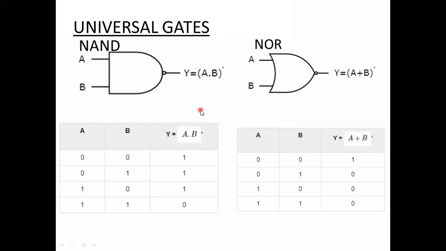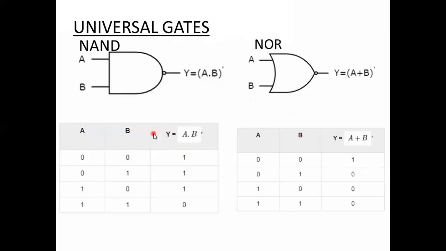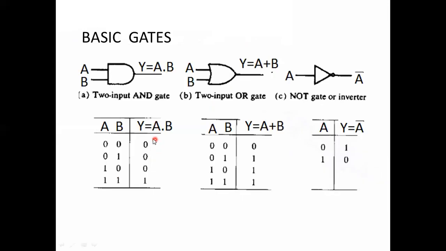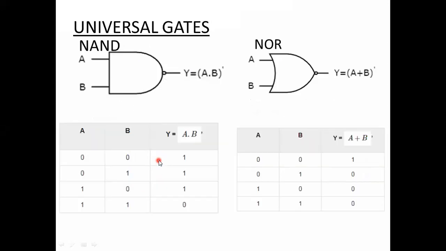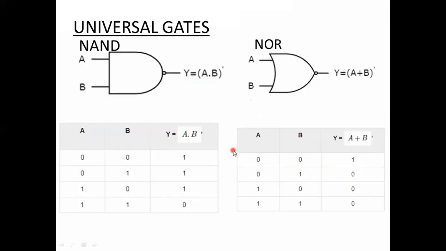If you observe the AND gate truth table, A dot B, NAND means A dot B whole bar, so the output is the inversion of this: 1, 1, 1, 0. Inversion of AND.